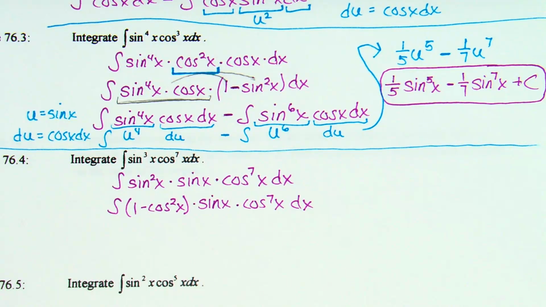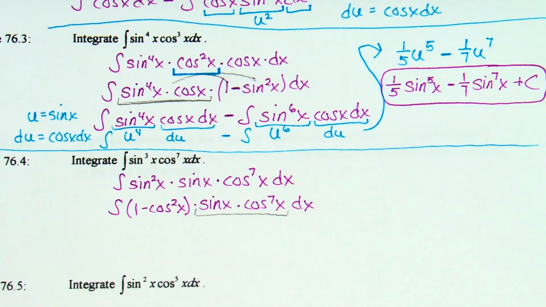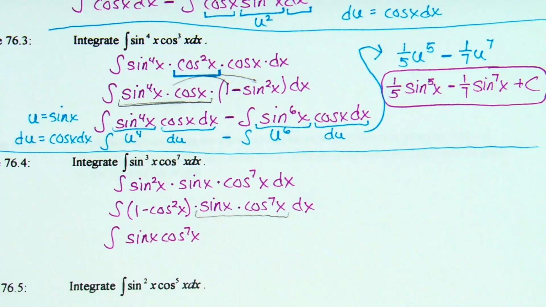So when I take sine x cosine to the 7th x and I multiply it by 1, I'm just going to have sine x cosine to the 7th x. Should I continue my integral or should I split my integral? We think we're okay this time? Okay, so then I'm going to end that integral with a dx.